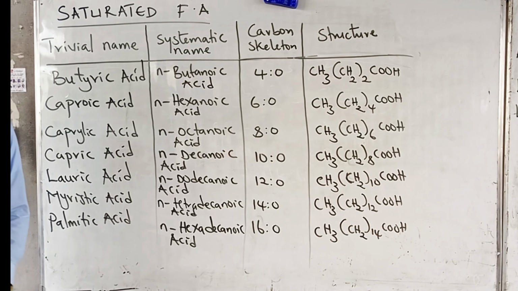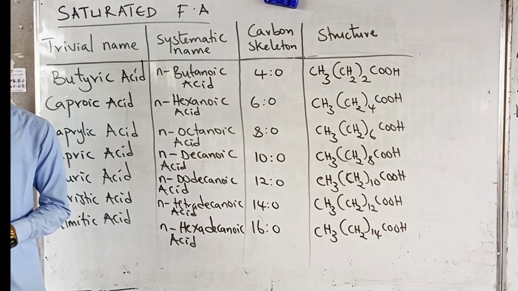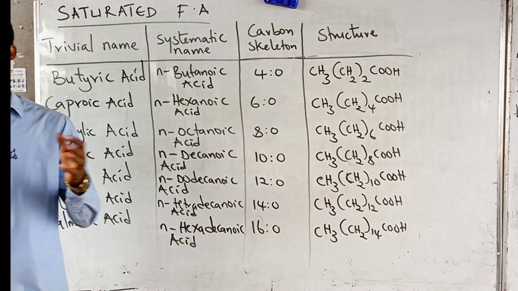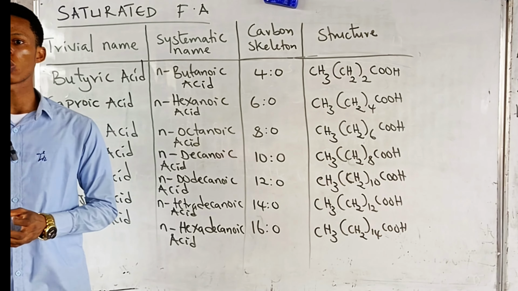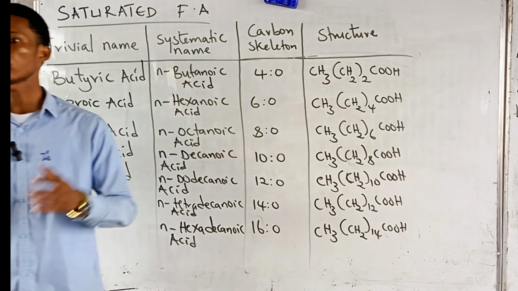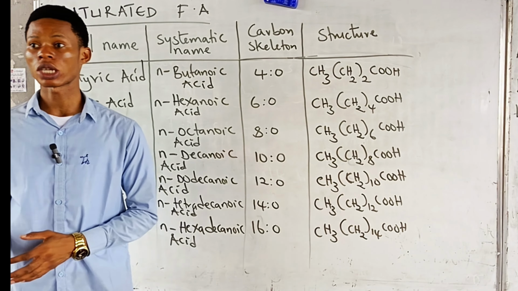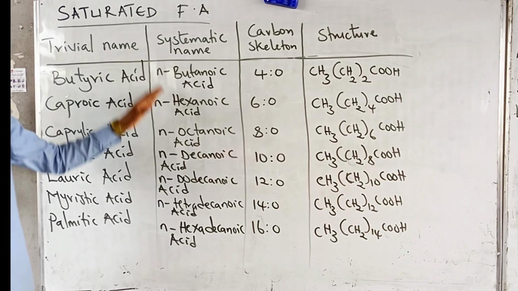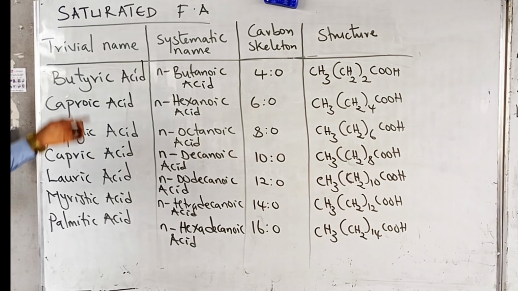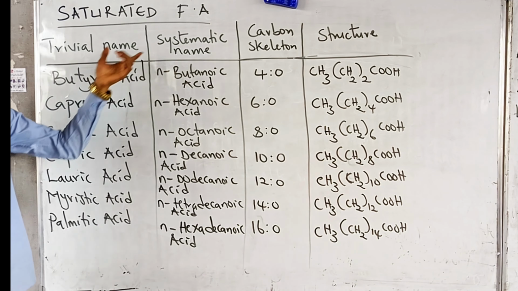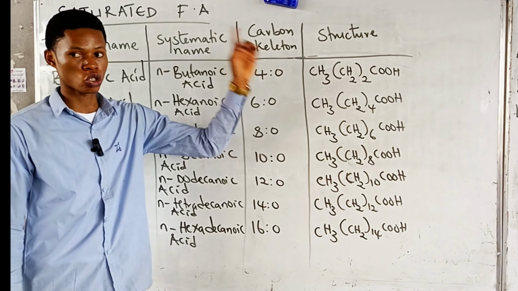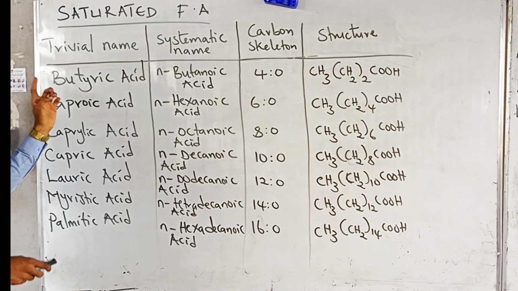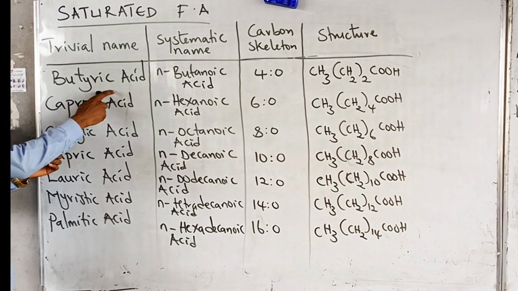Good. Now talking about saturated fatty acids, remember that we said we classify fatty acids based on the type of bonds present into saturated and what? Unsaturated fatty acids, right? Good. Now let's look at some of the saturated fatty acids. These are their trivial names, systematic names, carbon skeleton and structure. The first one here is butyric acid, right?